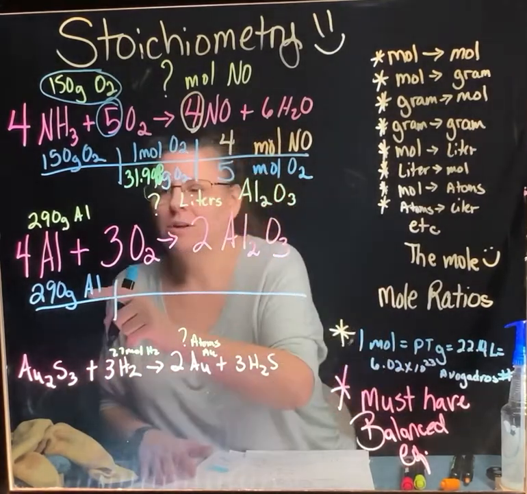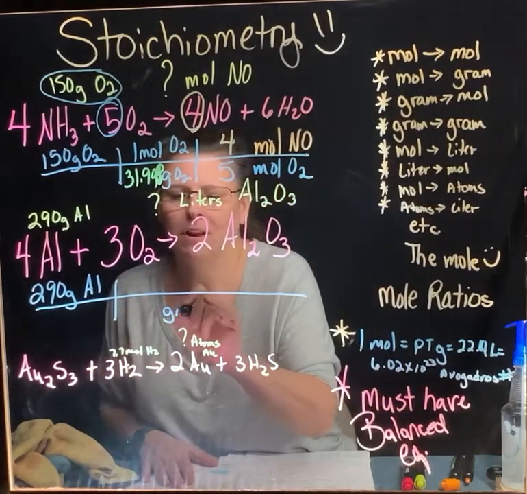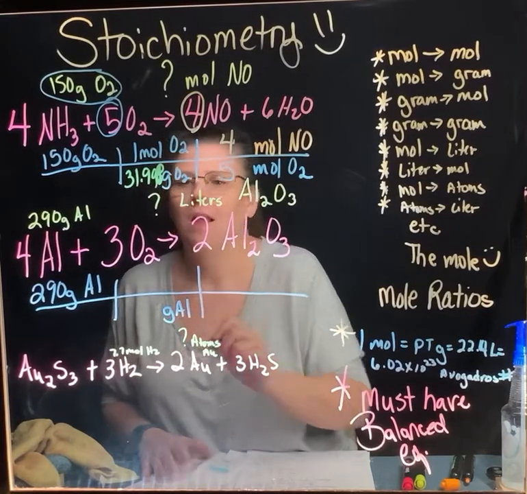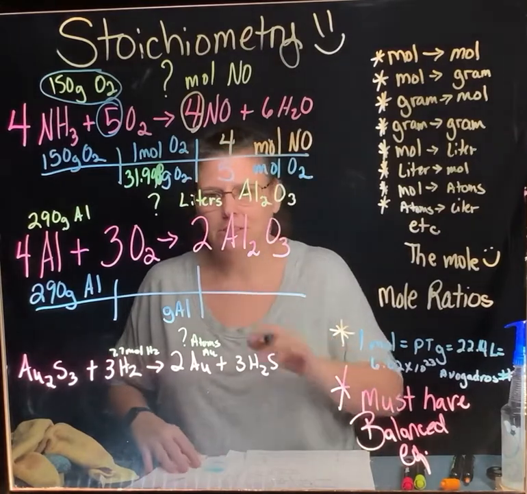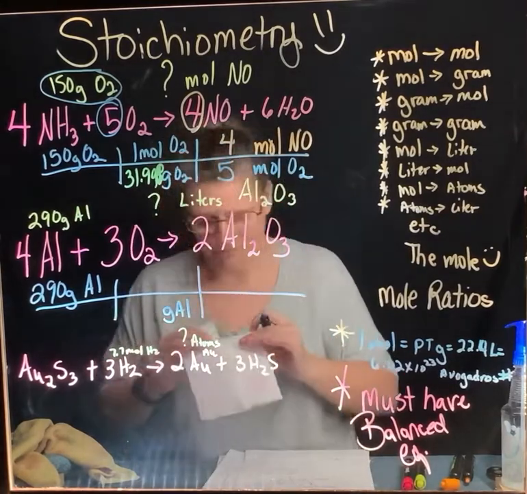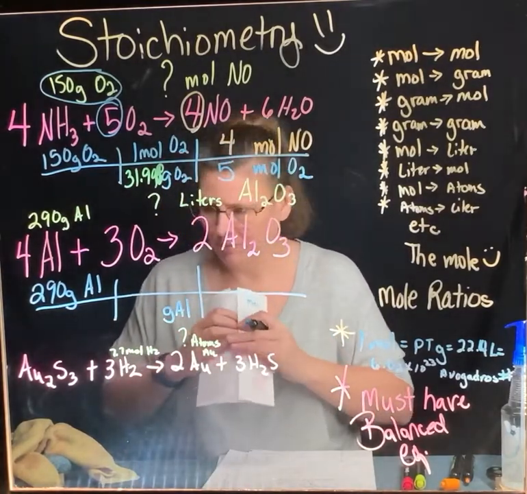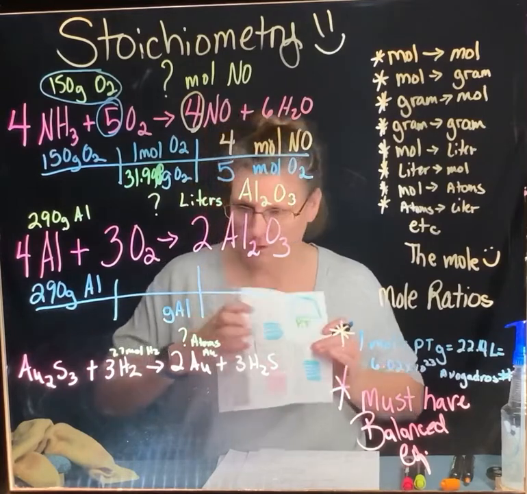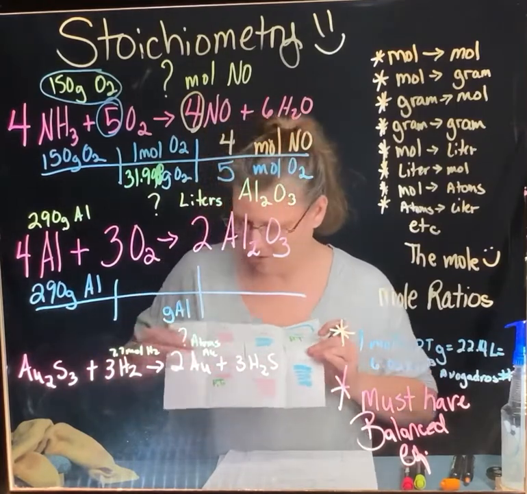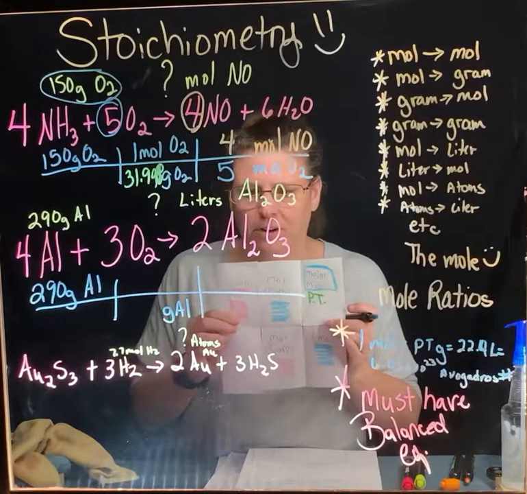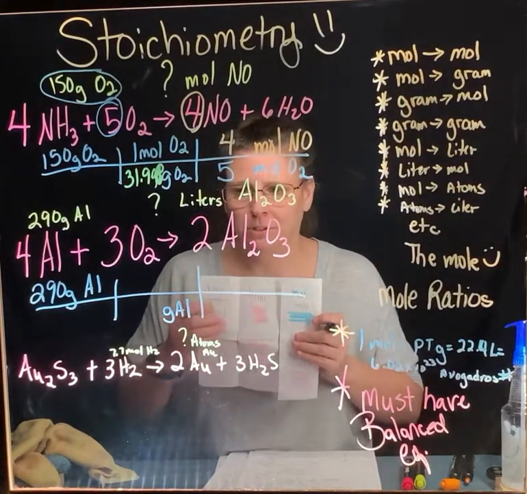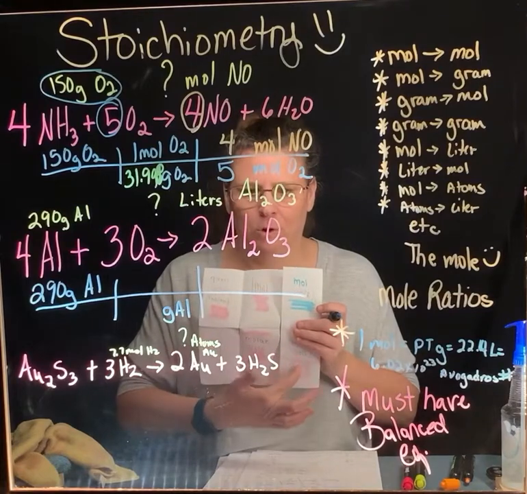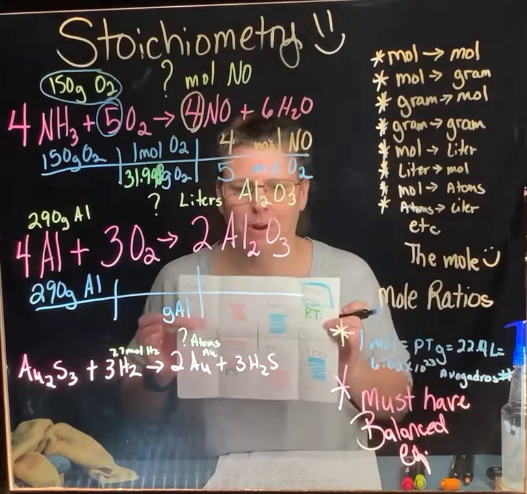Okay, so what's on the top, we put on the bottom, grams of aluminum. And we're going to go to liters, okay? And I'll come back to that in just a second, but we're going to have grams of aluminum to liters. So we're going from grams to liters. Well, I can't go here because that only goes to the mole, okay? Oops, wrong way. Grams to mole, so we have to open it one more time, grams to liter.